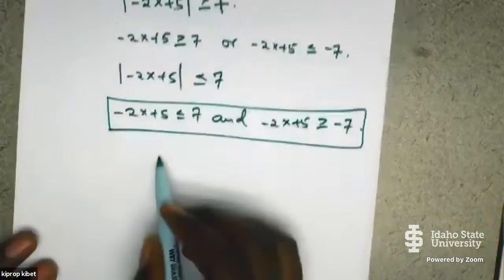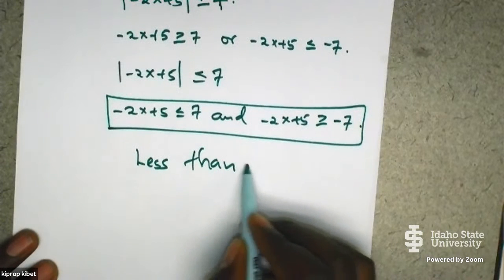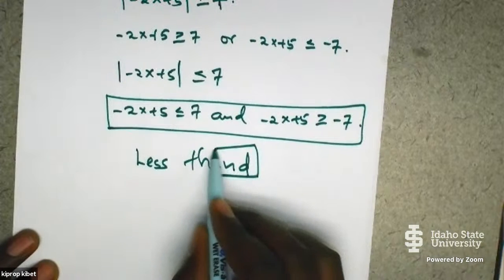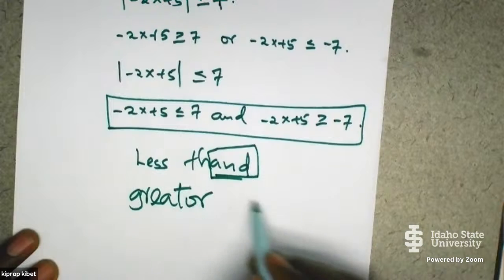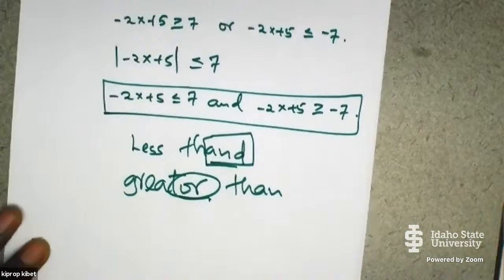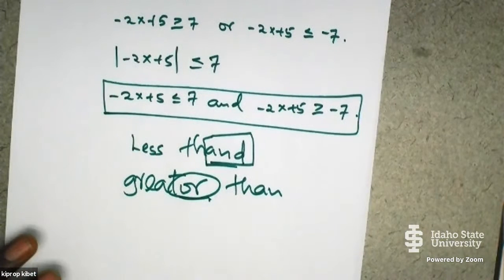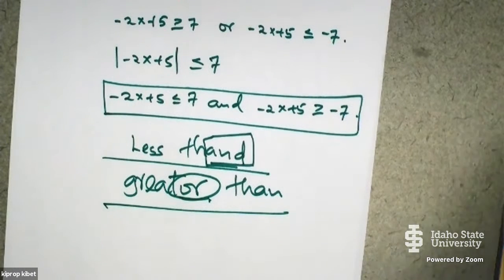So we said for less than, and then greater than. Okay, so we say something like this. So you must review your notes. Make sure you review your notes.